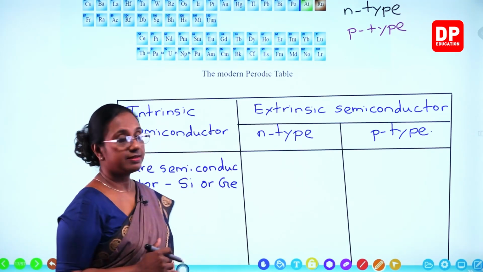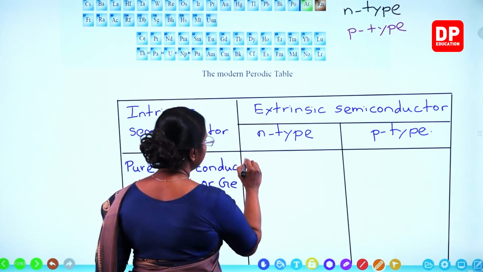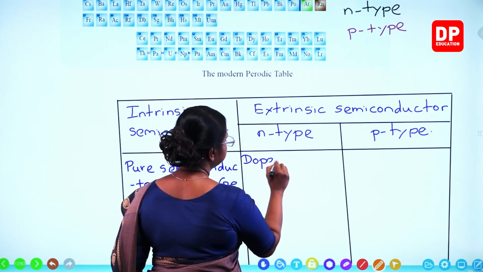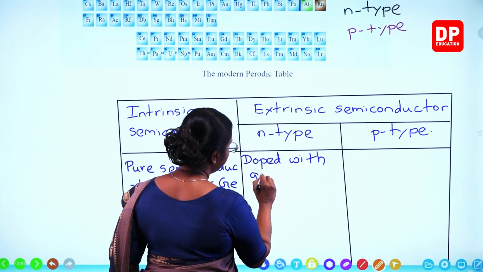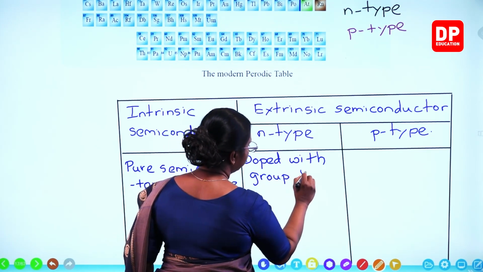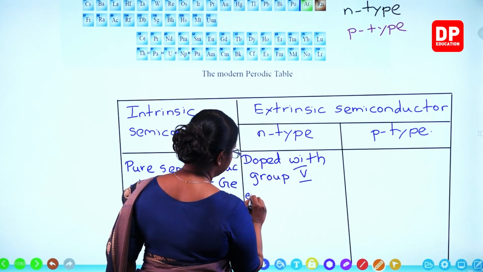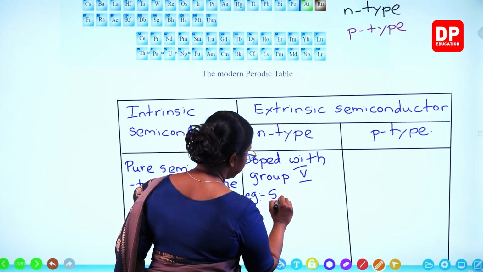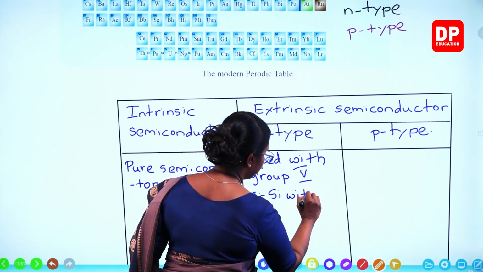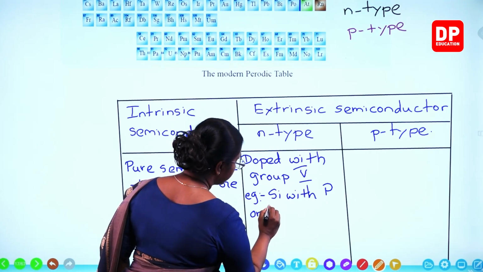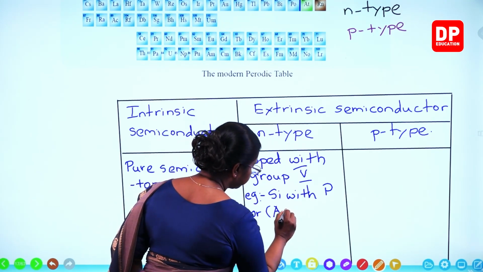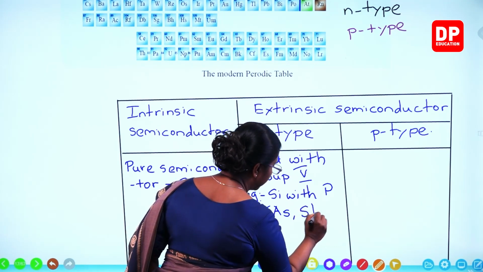Now, extrinsic semiconductor, what do we do? Doped with group 5. Example, silicon with phosphorus. Or you can use arsenic, antimony also.